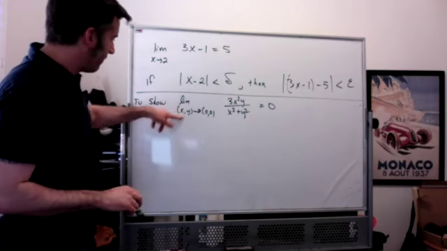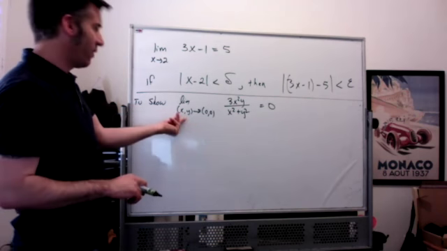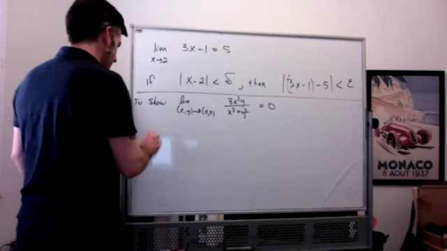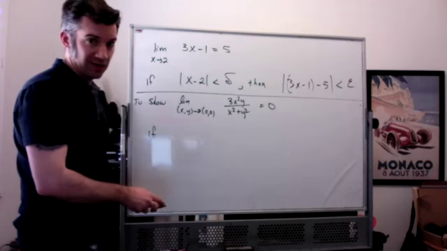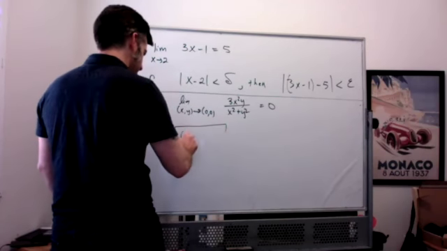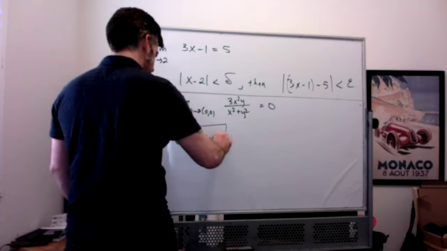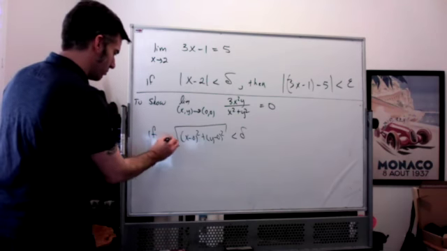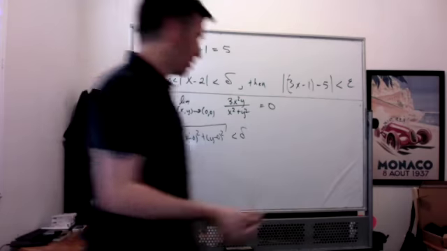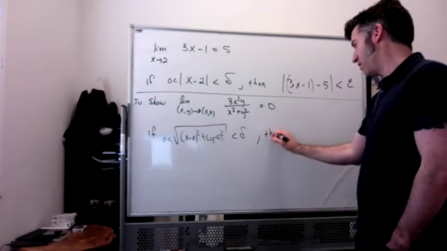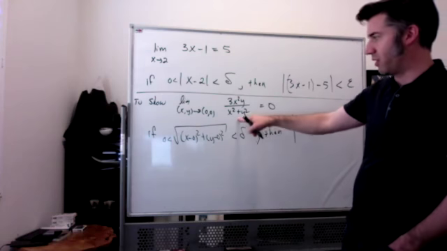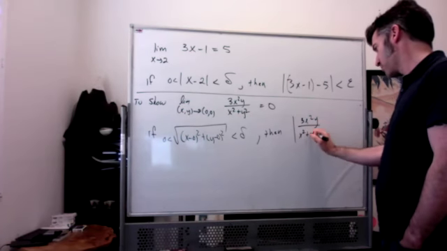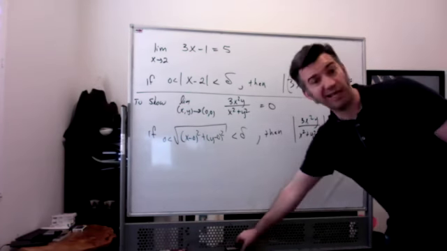We have to show that if the distance between x, y and 0, 0 is small and also positive, then the difference between the function and the limit is also small. I'm sorry, I forgot the minus 0.